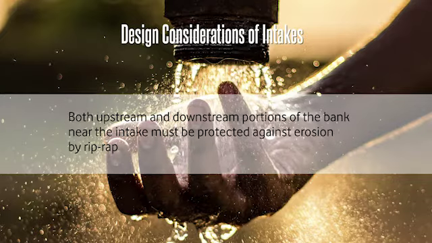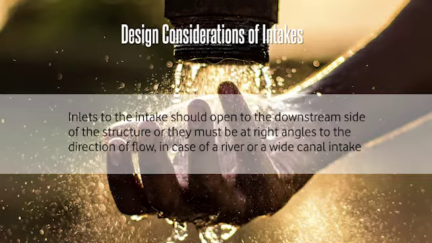Both upstream and downstream portions of the bank near the intake must be protected against erosion by rip-rap. Inlets to the intake should open to the downstream side of the structure, or they must be at right angles to the direction of flow in case of a river or a wide canal intake.